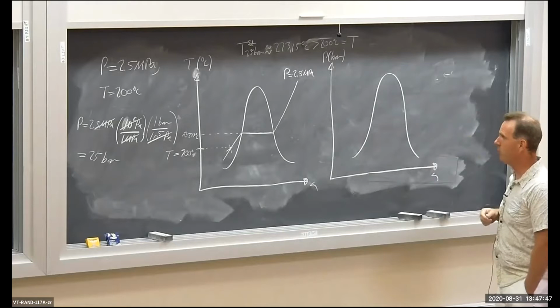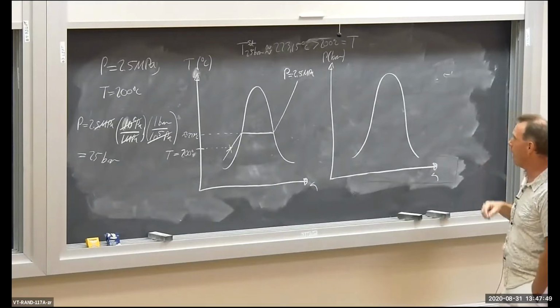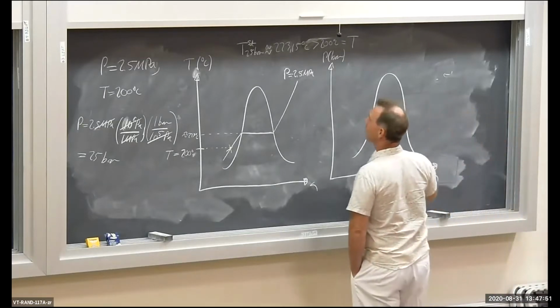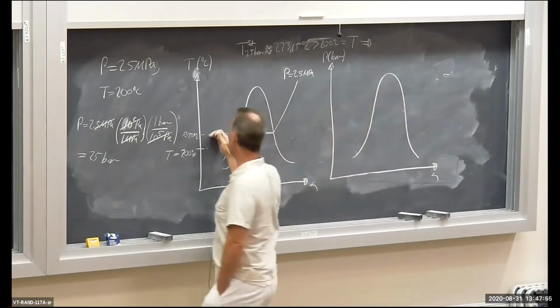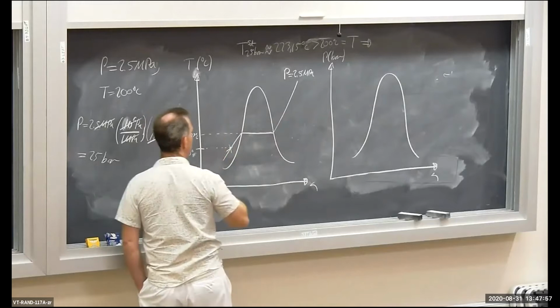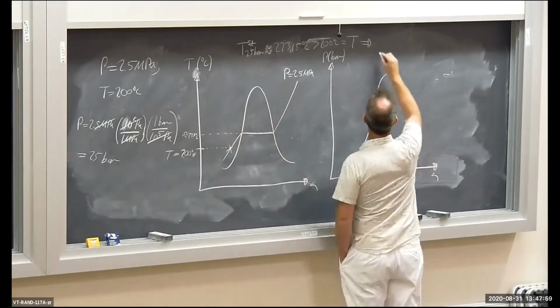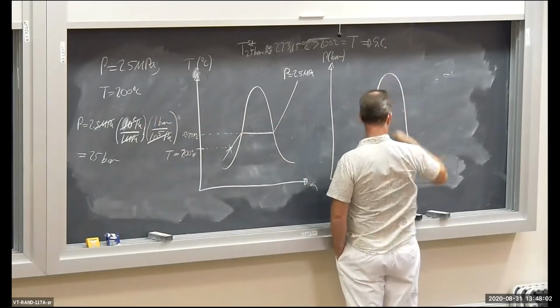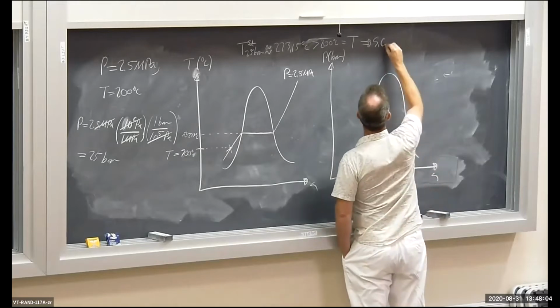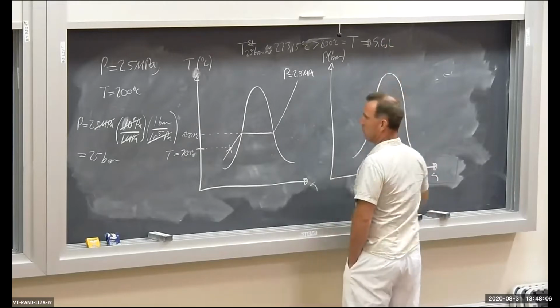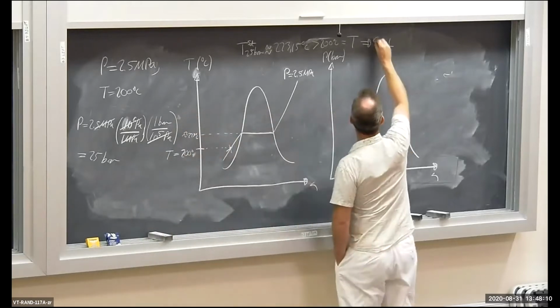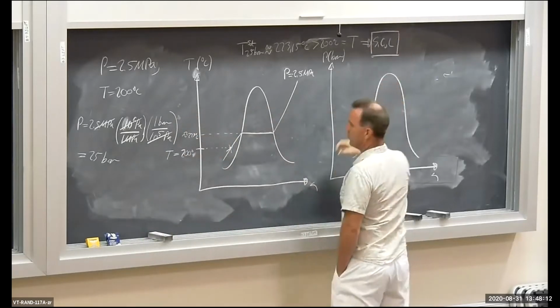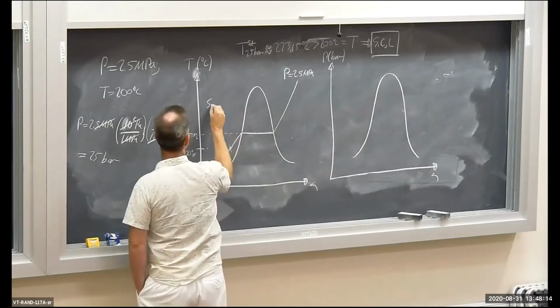Tsat at 25 bar is greater than 200 degrees C, which is our temperature. So we are cooler than boiling. Cooler than boiling, supercooled liquid, SCL.